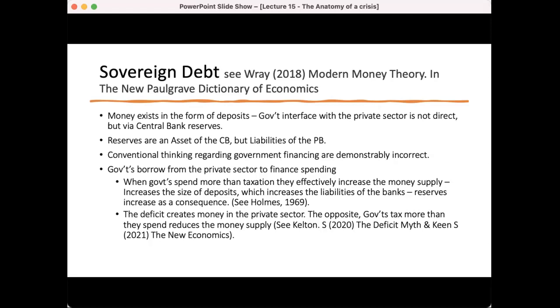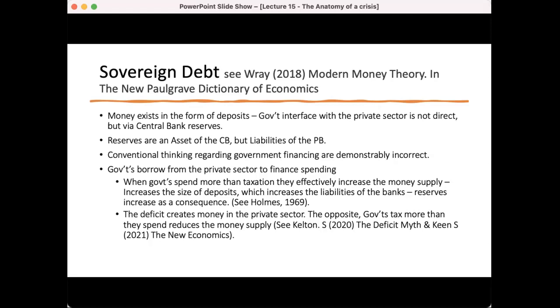Now, one of the areas that is demonstrably misguided is the idea that governments borrow from the private sector to finance spending. In other words, that government spending is financed out of taxation. This is not the case. If that were the case, if we were all a country and I was the government, I would not be able to spend money until you had provided me with enough taxation.